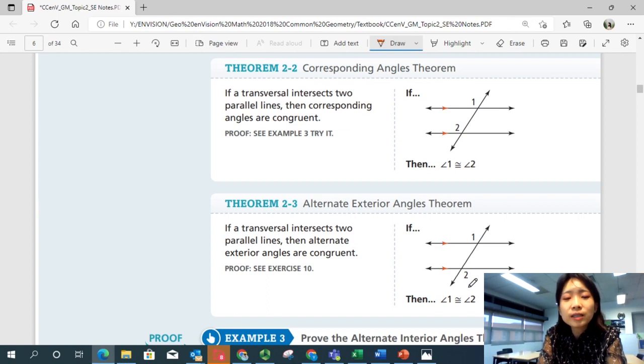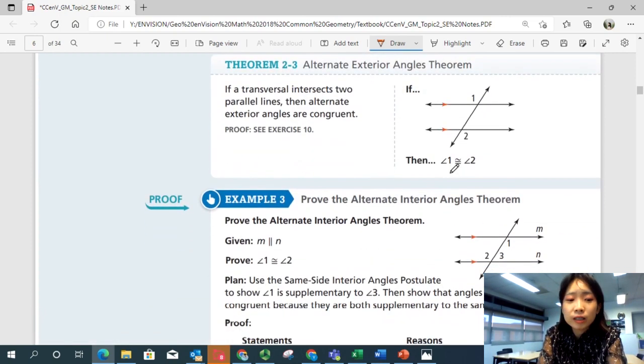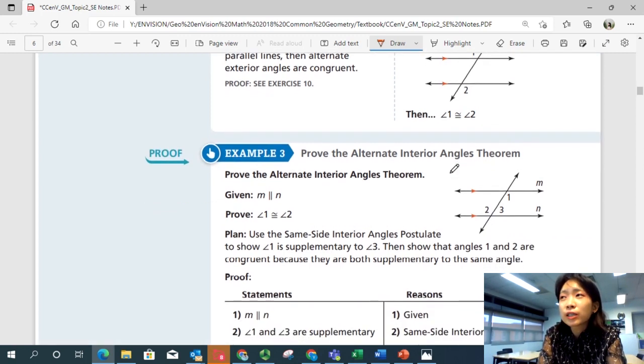What if the lines are not parallel and you don't have enough information to see that the lines are parallel? Then you cannot use this theorem. Okay, let's look at example 3 and prove the alternate interior angles theorem. Why are they congruent?